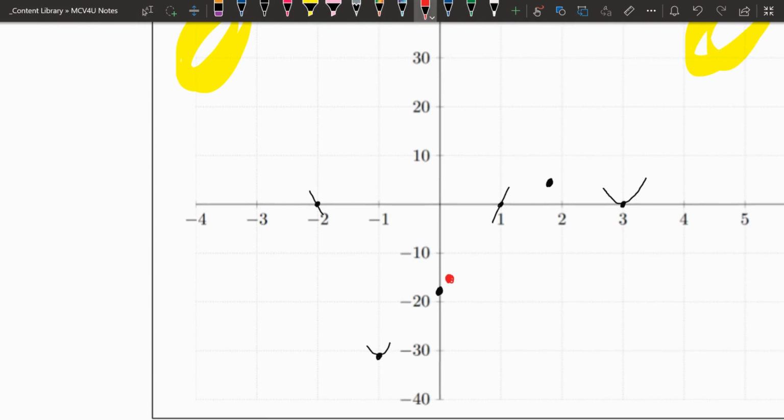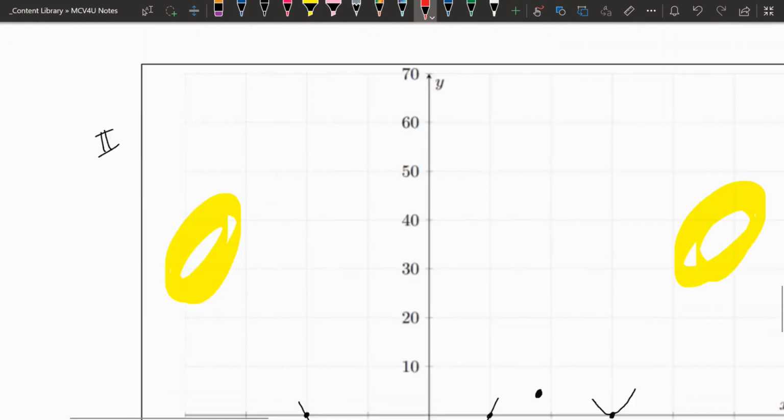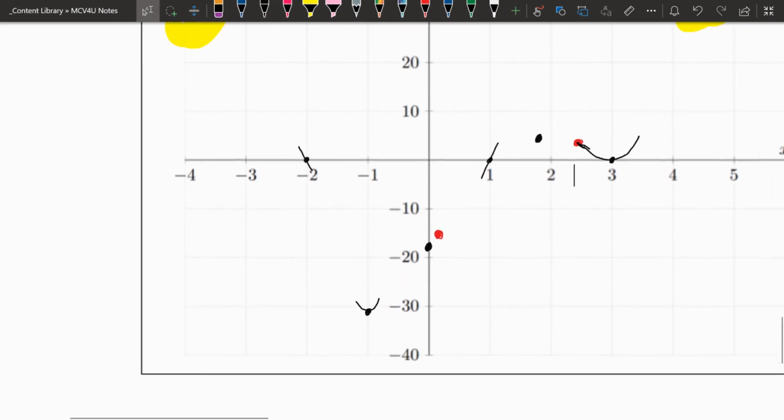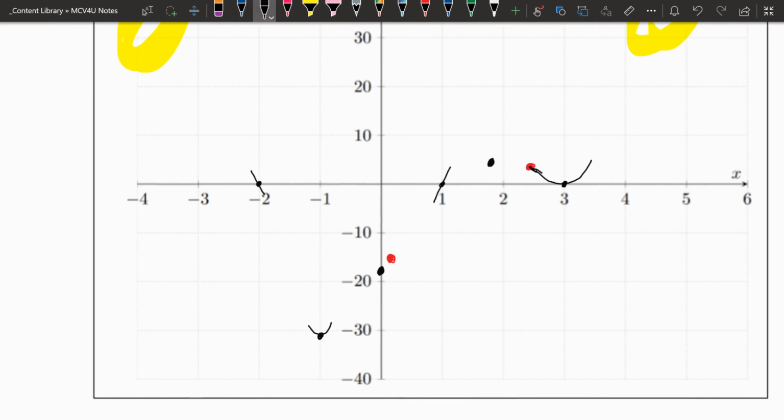So 2.43 is almost halfway between 2 and 3. And what was the y value again? 2.06. Oh, that's pretty low. Maybe somewhere around here. I might have to change that turning point. So, get some turning point like that. Let me fix that. That looked better.